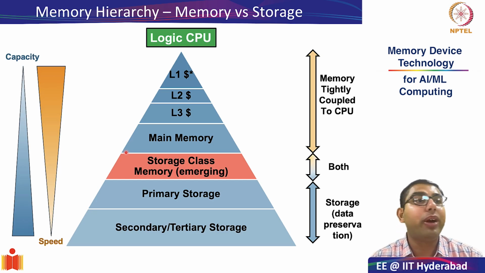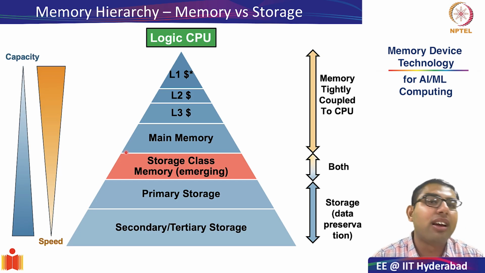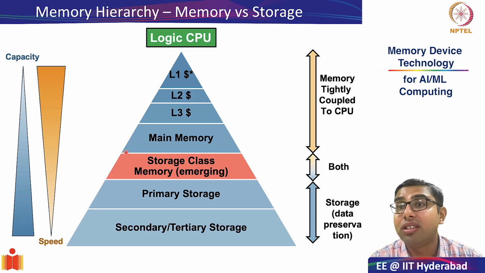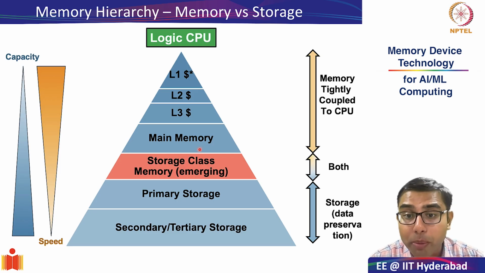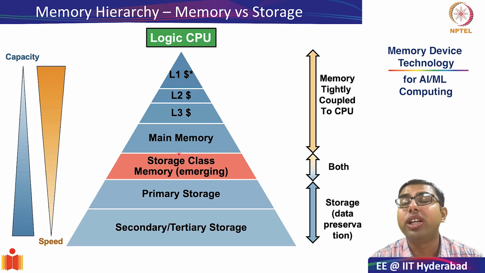However, as we have been discussing for quite some time, these emerging storage class memories can function both as memory and storage. Try to remember the essential features of memory: you need very fast access times, and read and write latencies need to be very small. Whereas for storage, the essence is on preserving data. The promise is that storage class memories will be able to do both.